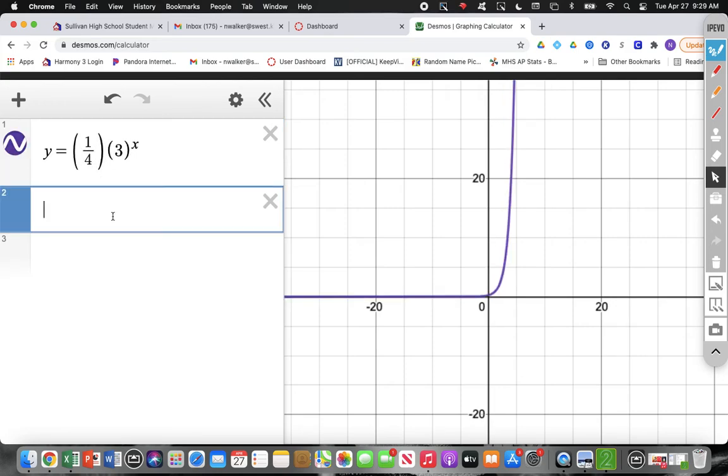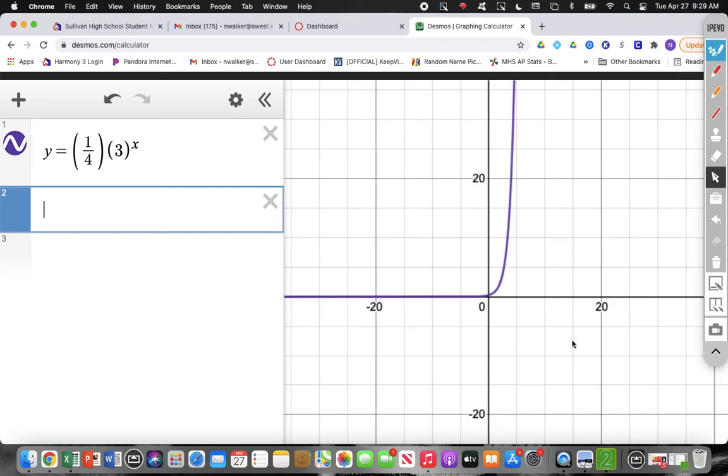it's still growth. So whenever you are looking at an exponential function, if you have a number being multiplied to the exponential part, that coefficient in front really doesn't play a factor in the growth and decay. It plays a factor in stretching and shrinking and how far it grows, but it's still growth. And so we just want to recognize that.